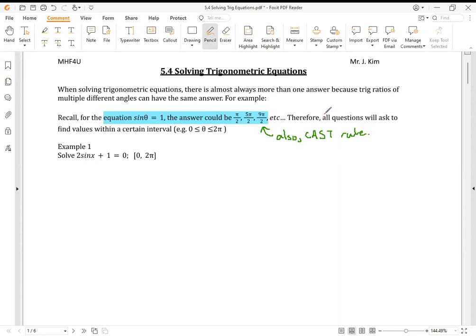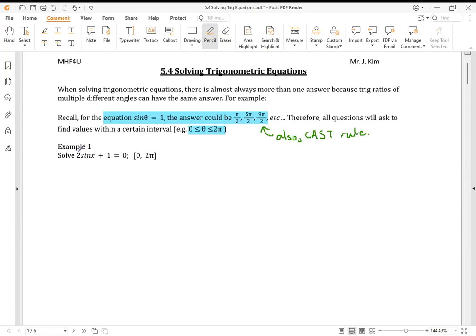So all of the questions are often going to give you a certain domain. If it doesn't give you a certain domain or interval, then you have to say all the angles that are coterminal with this one also fit the bill. I'm going to give you an example of that, okay?